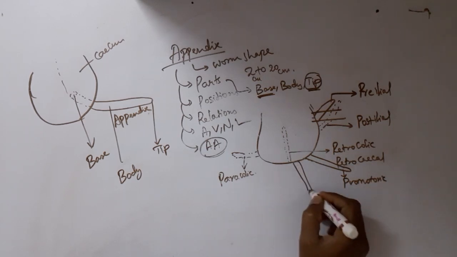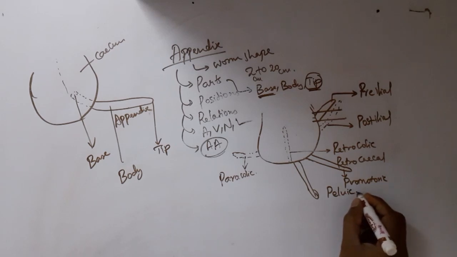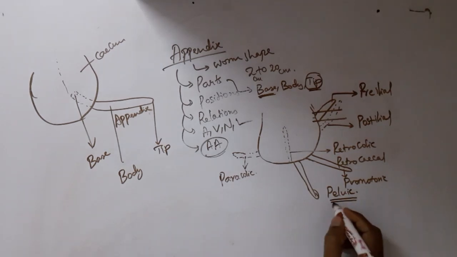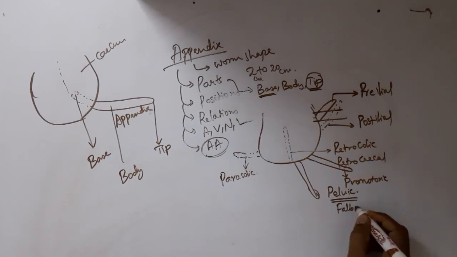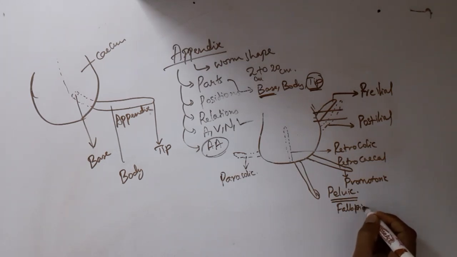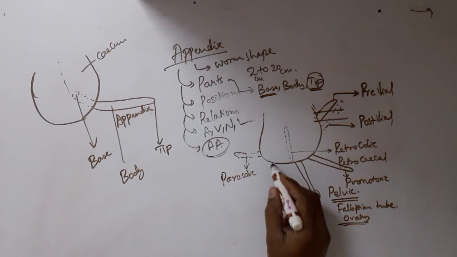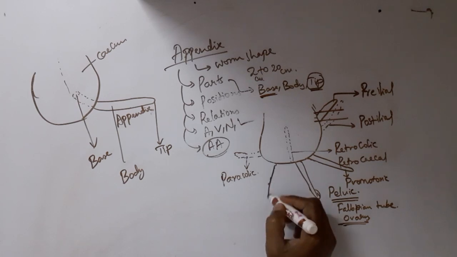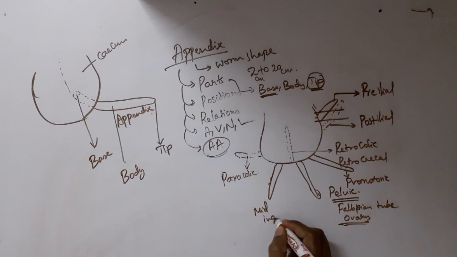And another is going into the pelvis, so we call it the pelvic position. Whenever the appendix is in the pelvic position it will be related with the right fallopian tube, right uterine tube and right ovary in females. And in between you have one more that goes into the mid-inguinal region, so the mid-inguinal position.